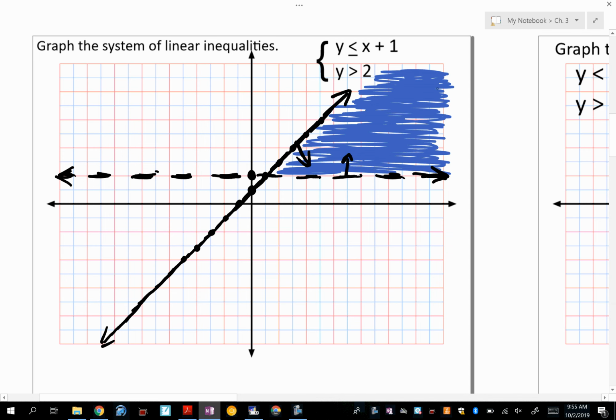So let's say you plugged in a point below that first line: you're going to make the first one true, but not the second one. If you plugged in a point in this area over here, you're going to make the second one true, but not the first. So only points in the blue area are going to make both true. All right? Everybody good on that?